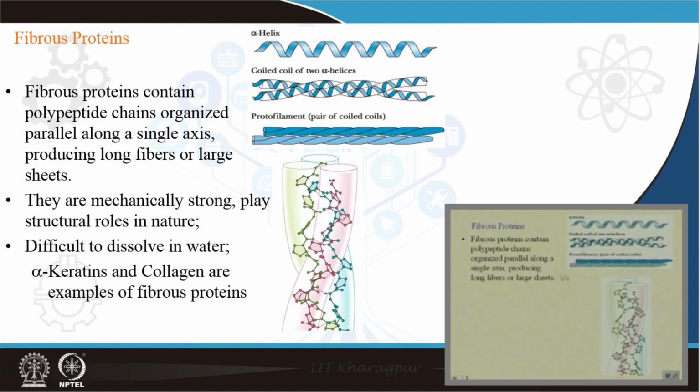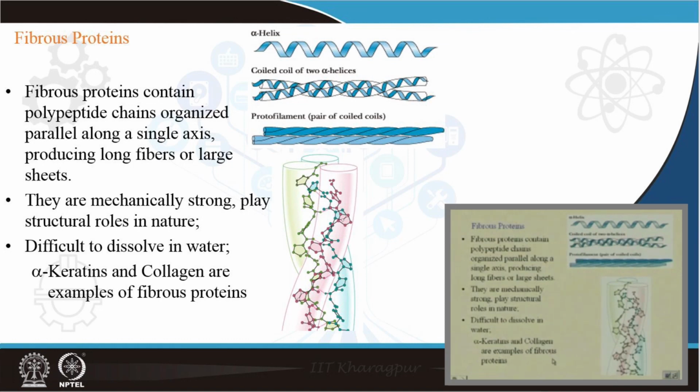And you recognize that these long fibers or large sheets that are actually formed are parts of structures that require mechanical strength. For example, alpha keratin and collagen are two such examples of fibrous proteins. And because of their strength or because of their structure, you find them, for example, in hair or in muscles.